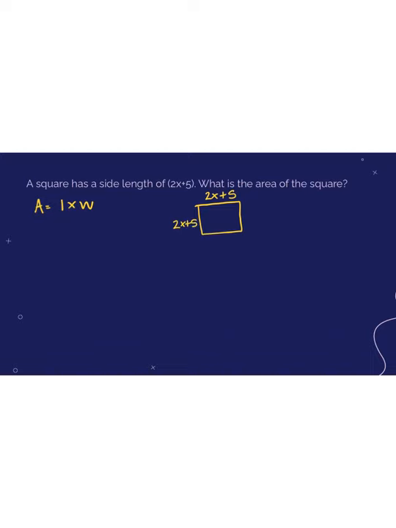Okay, so I can just take those two and do the box method with it. So here's my box. And I want the area, so if this is my length, and this is my width, I'm going to say 2x and a 5, and my width is also 2x and a 5.